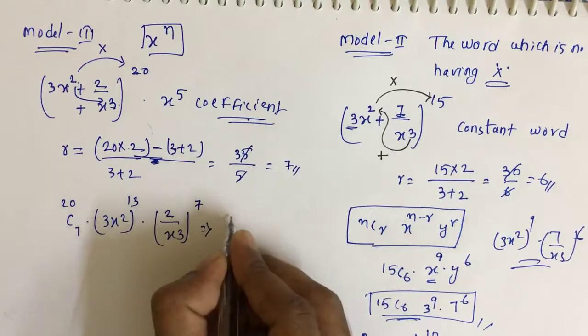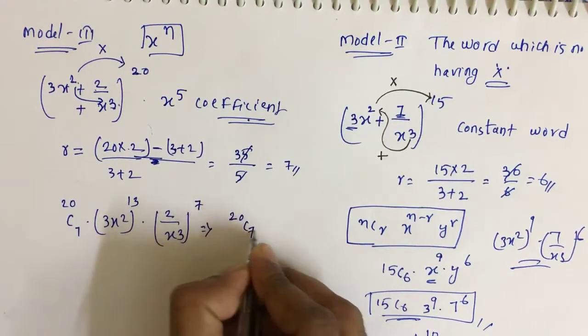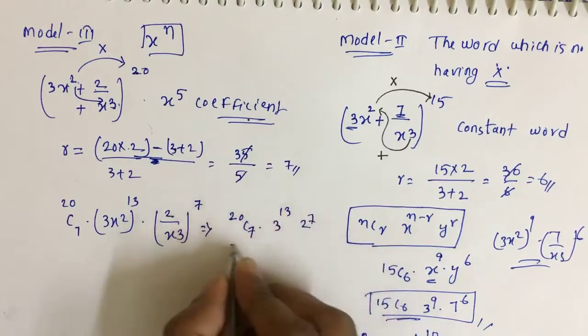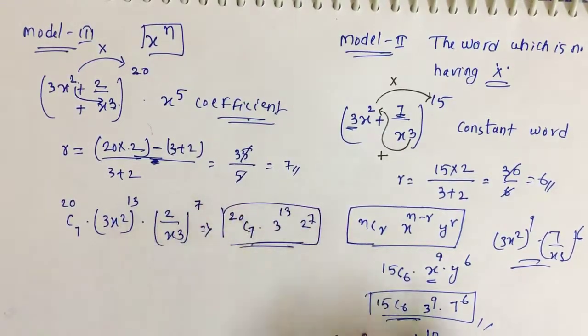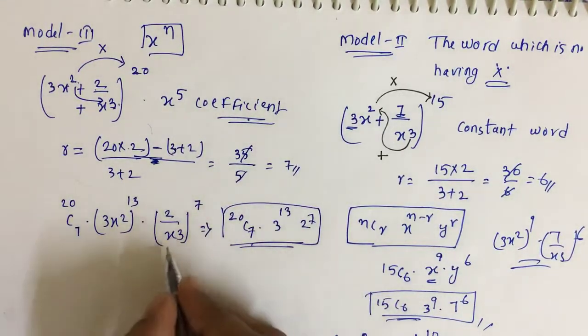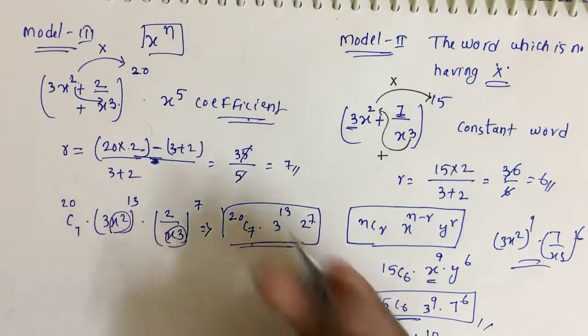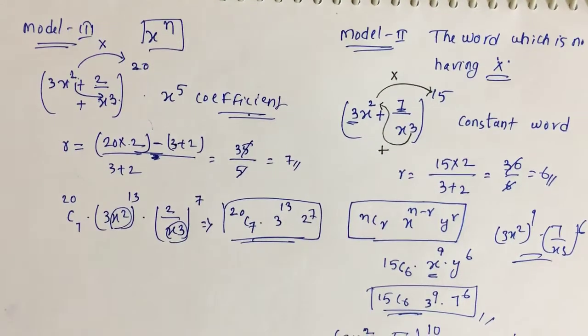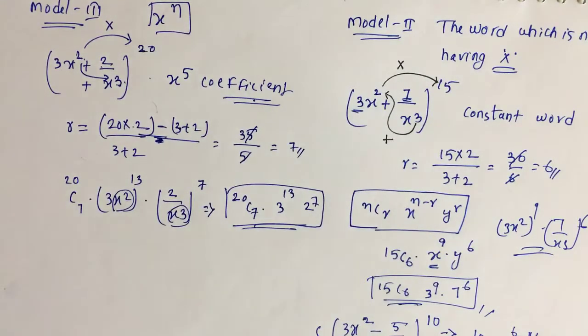The final answer comes out to be 20C7 3^13 2^7. Otherwise you just need to do one thing: you just remove this x square, so you will get the final answer also. So this is also another way. Okay, so this is model 3.